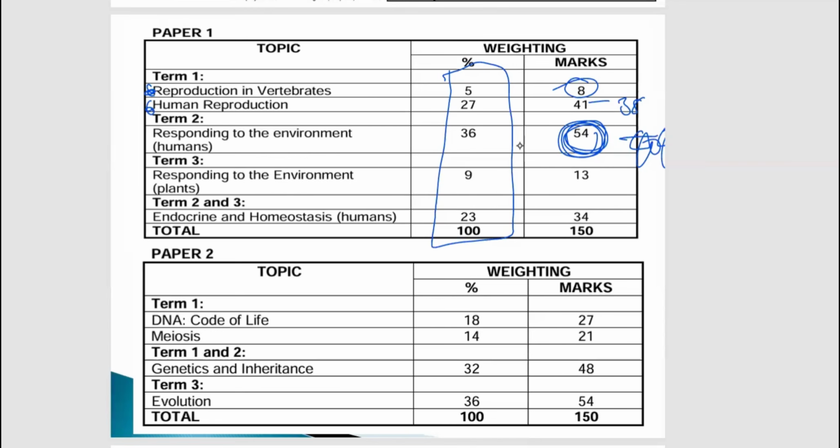Once you have these two, then you can also add something if it's moving well. But these are topics you can pass easily, so you can also collect the marks there. If you see that this one is a problem, at least get a 25. Then when you add them, you'll be able to get all the marks.